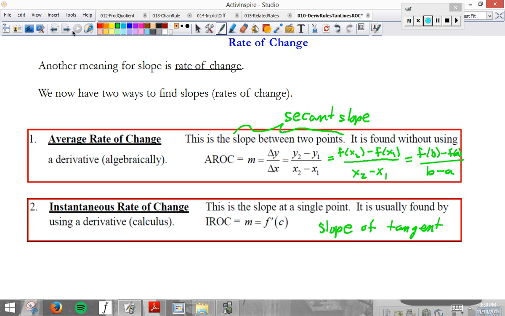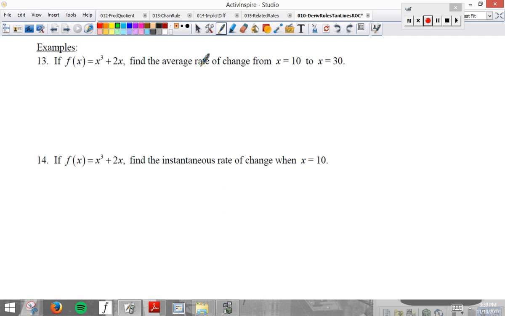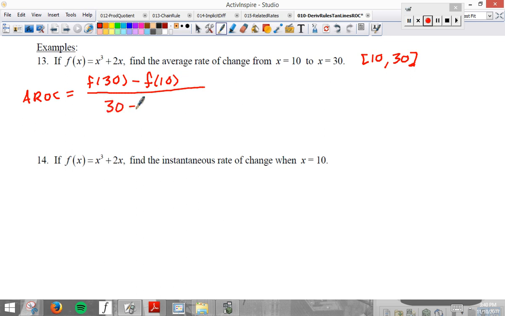Okay, so let's apply those techniques. Find the average rate of change, the AROC, from 10 till 30. Another way this question could be asked is on this interval, 10, 30. Be careful. So we're going to find the average rate of change by doing f of 30 minus f of 10 all over 30 minus 10.